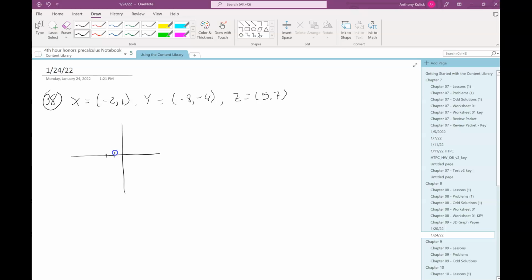So -2, 1, there's x. -8, -4, there's y, and then z is 5, 7. I think it's like this terrible looking triangle that's almost a straight line.